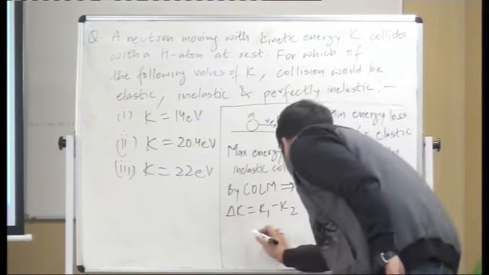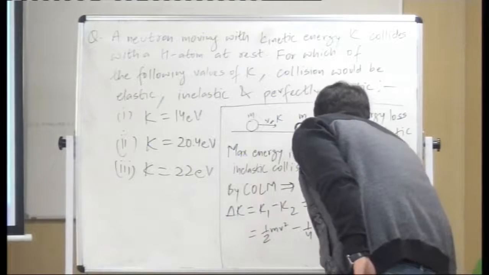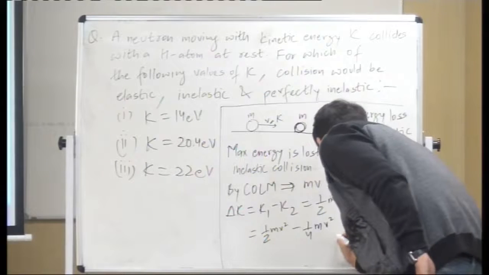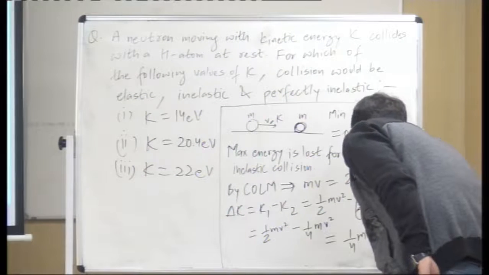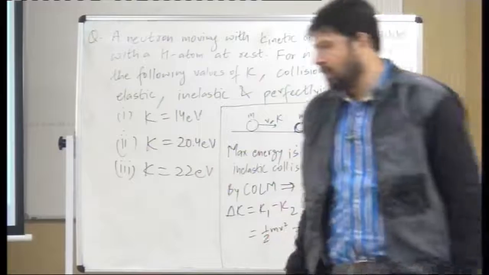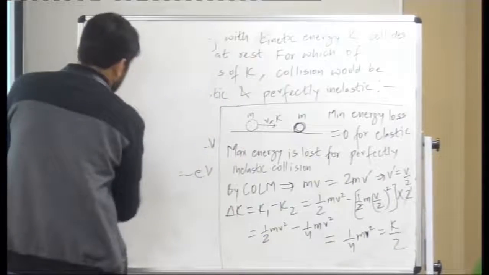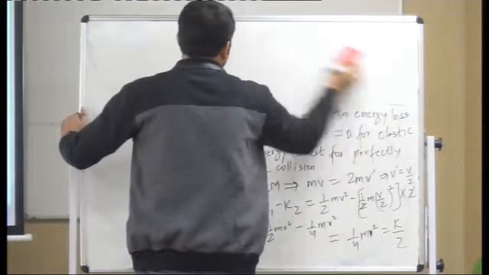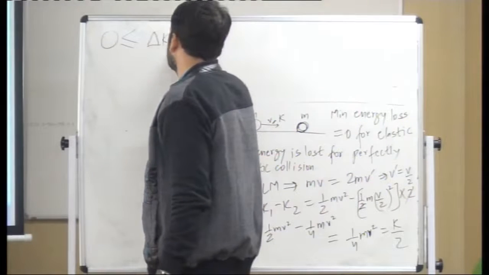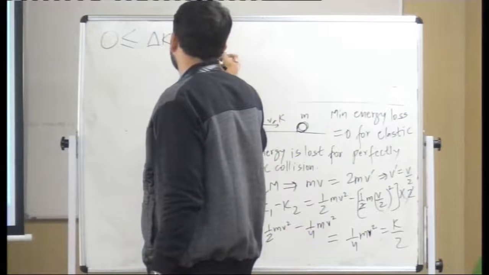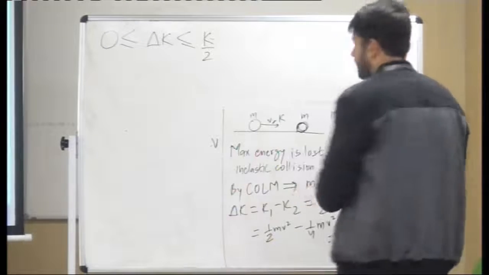So it would be half mv squared minus 1 by 4 mv squared, which is actually 1 by 4 mv squared, or K by 2. So just concentrate now that the maximum kinetic energy lost can be K by 2. So the kinetic energy lost would be in this order. This much information we need in every case.